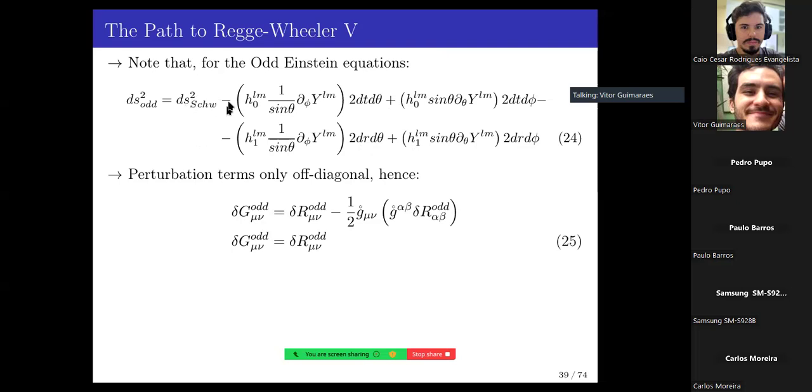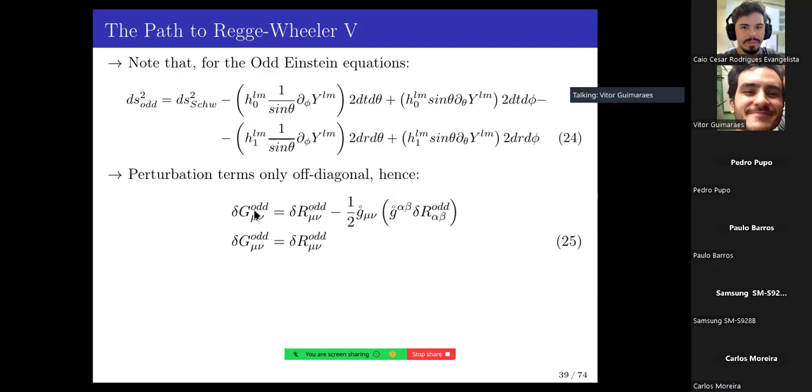Because in the full metric, the full Einstein tensor uses this whole metric here, right? But the unperturbed part, which is the g mu nu without the delta, remember, uses only the components of the metric that are in here, right?